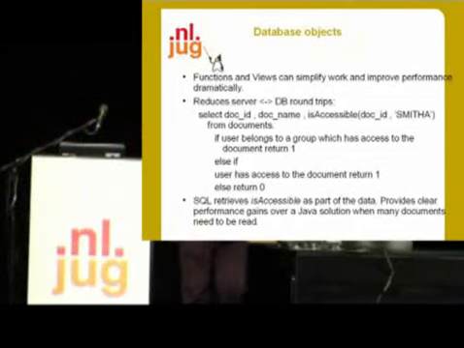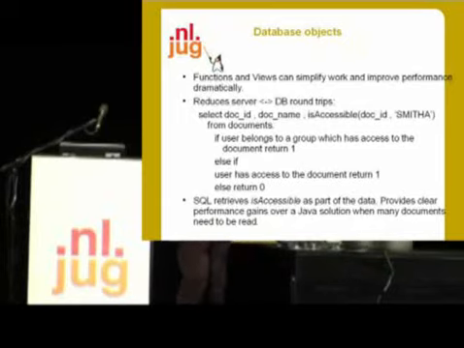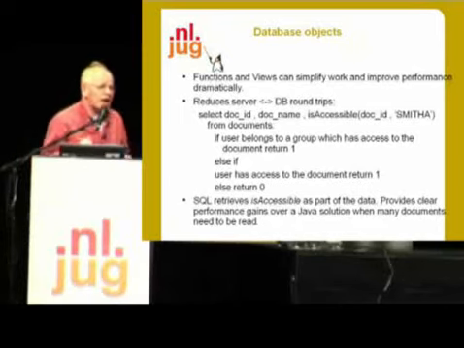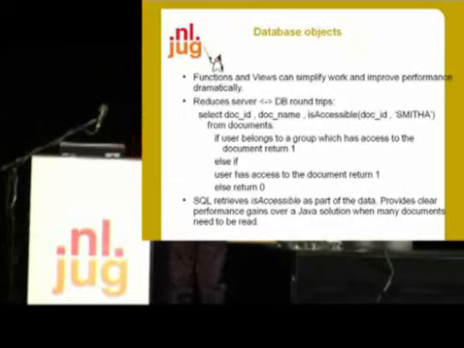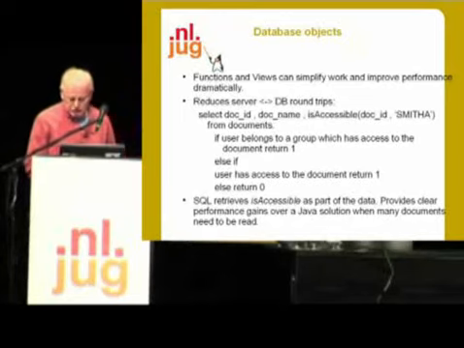So getting the data and the accessibility is one single trip to the database, not going back and forth to get extra data. In one go, you get all the information that you need. And so I would argue that a pragmatic Java developer would definitely make use of these stored procedures.